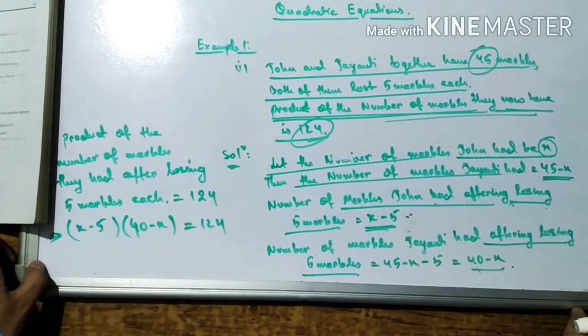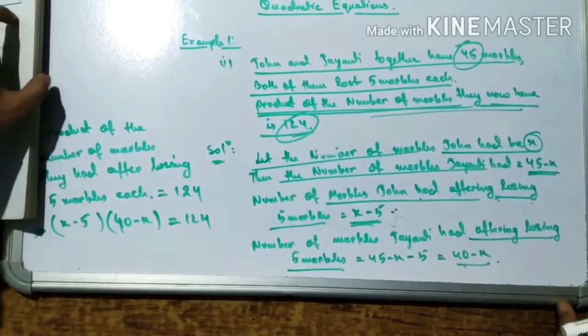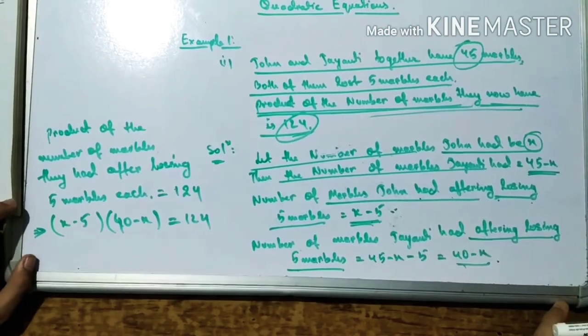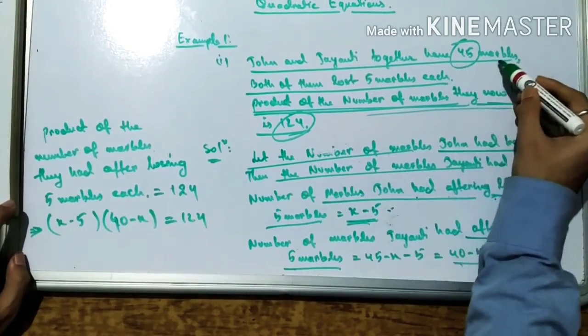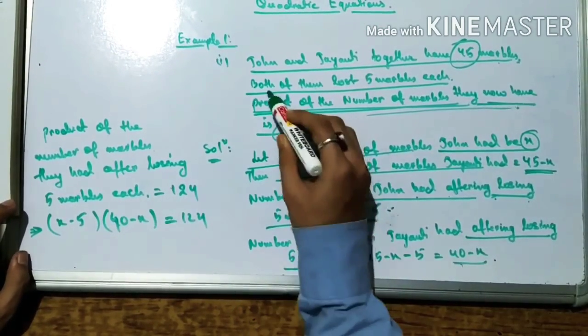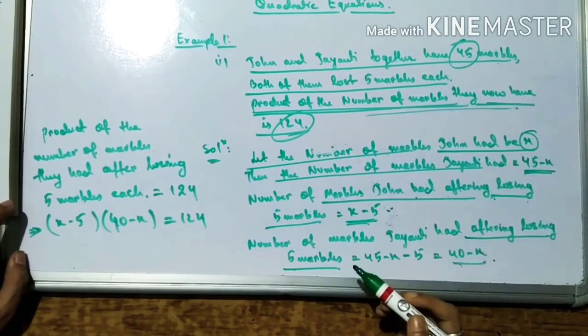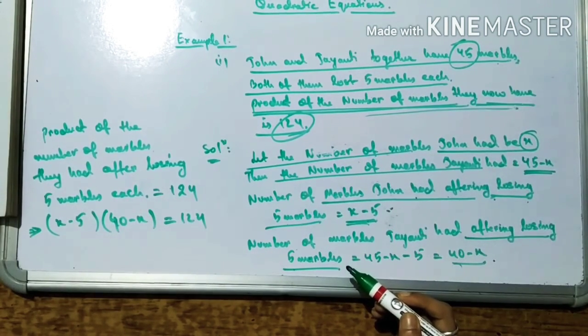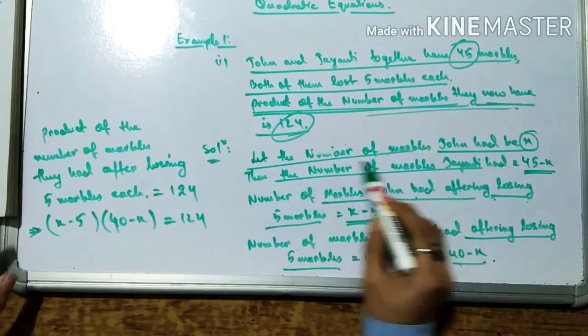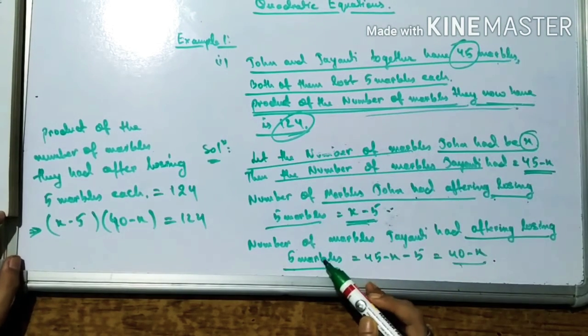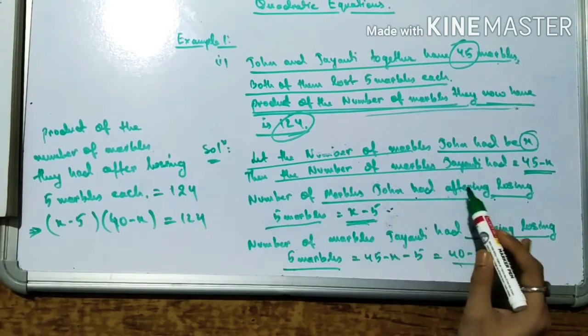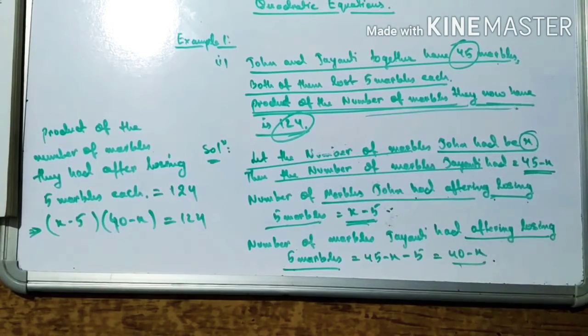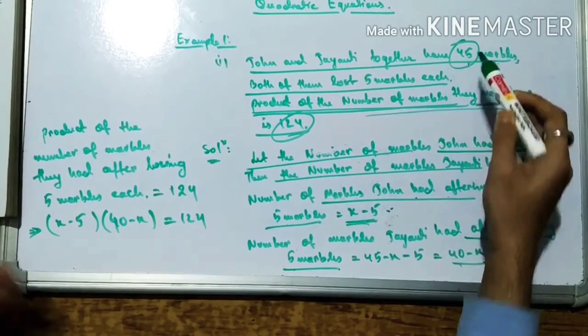I am explaining everything from the beginning. You see, according to the question, John and Jayanti together have 45 marbles. Both of them lost 5 marbles each. So first of all, I have taken that let the number of marbles John had be x. Then the number of marbles Jayanti had will be 45 minus x. Together they have 45 marbles.